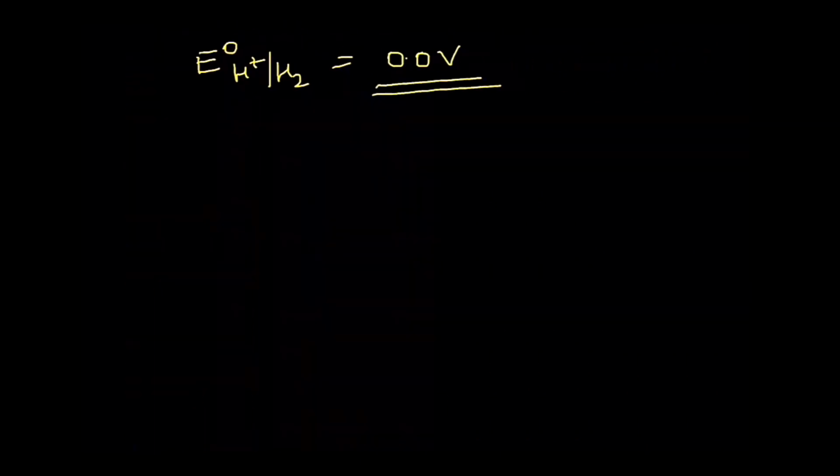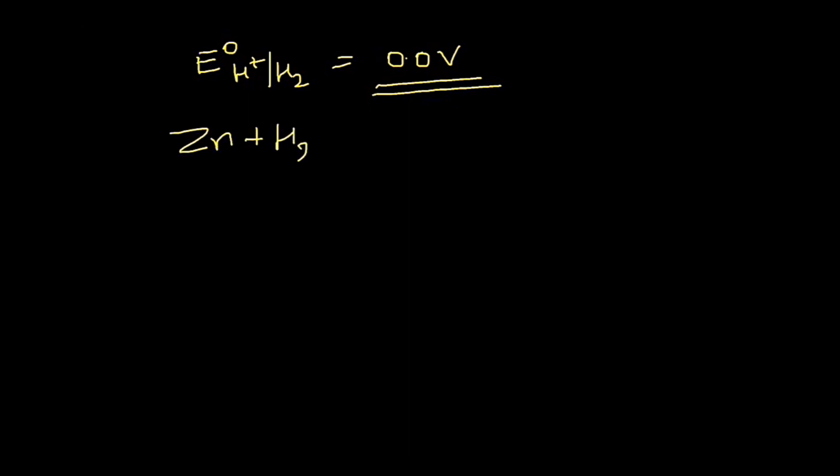So if the reduction potential is lower than that, they will liberate hydrogen from its compounds. That is why we notice that zinc will combine with dilute acids. So zinc reacts with dilute acids to liberate hydrogen from them.